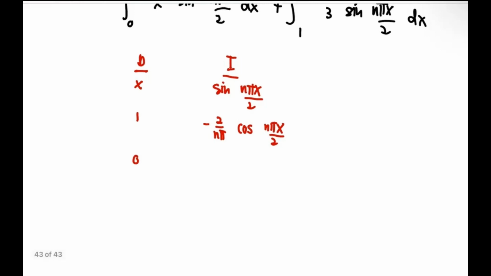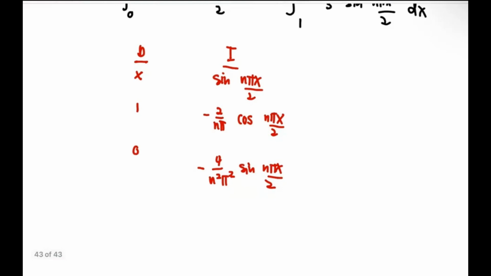So integrate cos, you get sine. So you have negative sine n pi x over 2 divided by 2 over n pi. So 2 times 2, negative 4 over n square pi square. So here will be positive, negative, positive, cross multiply here.